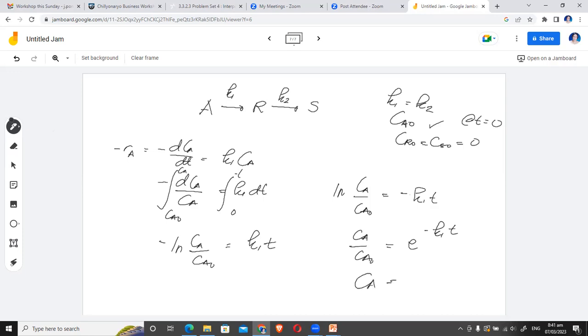Your CA is equal to CA0 e raised to negative K sub 1 t. This still holds true. This formula allows you to solve for C sub A at any particular time t.